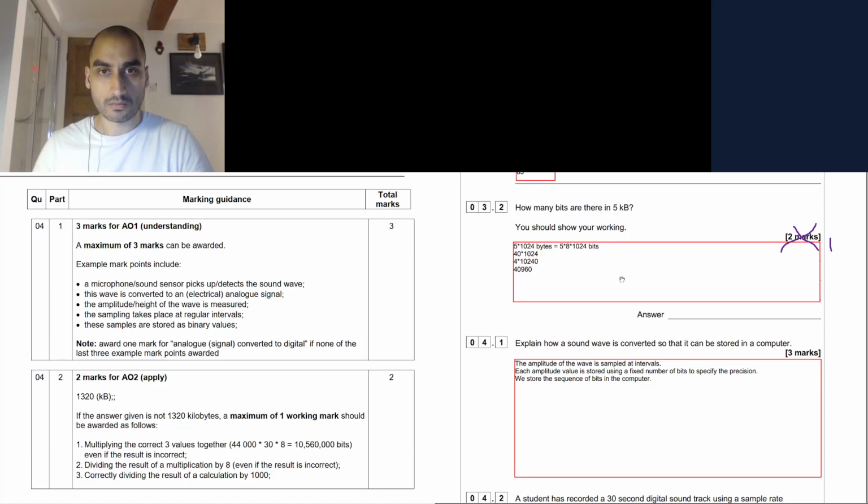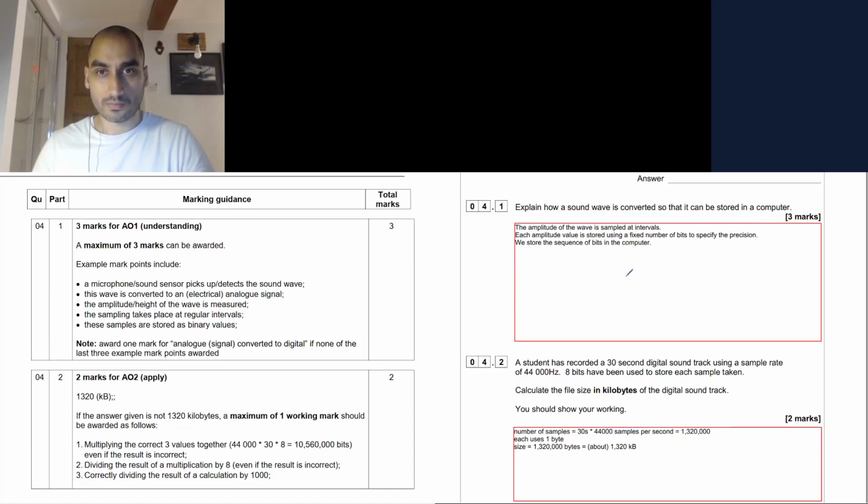Okay. The wave is converted to... The amplitude and height of the wave is measured. Yep, I said that. The sampling takes place at regular intervals. Yep, I said that. Samples are stored as binary values. Well, I said bits.